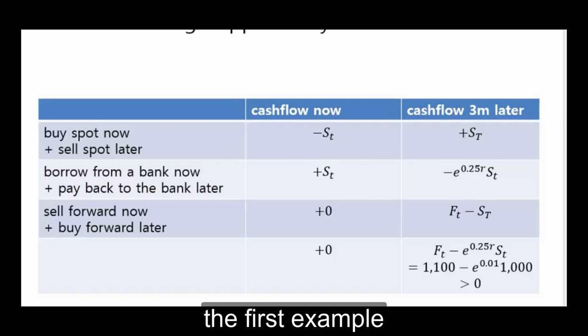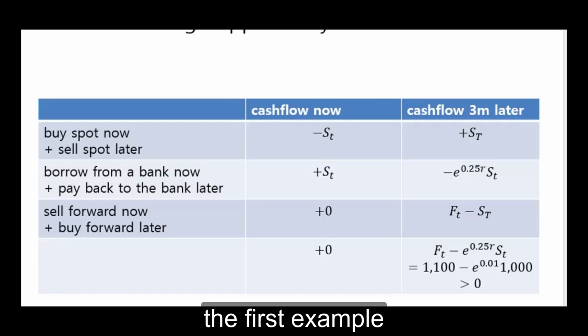And third component, you borrow from the bank. How much do you borrow? You borrow the spot price. And later, you pay the interest, where the interest is written as the annualized log interest rate times 0.25, because it's for 3 months, and using exponential.